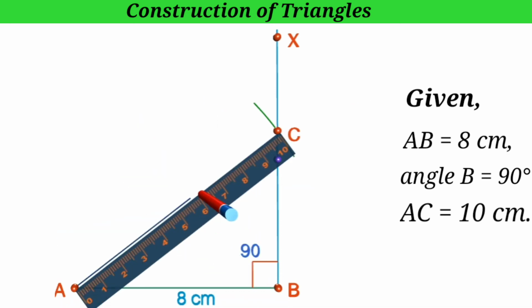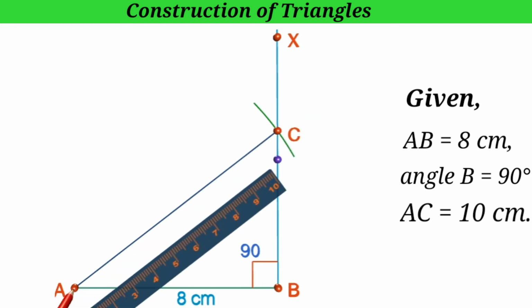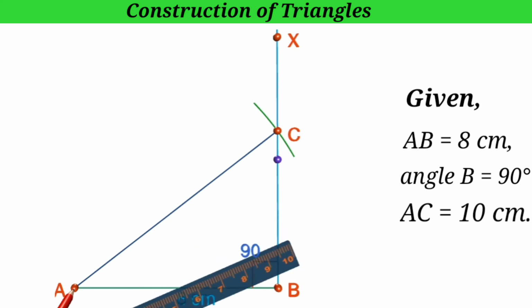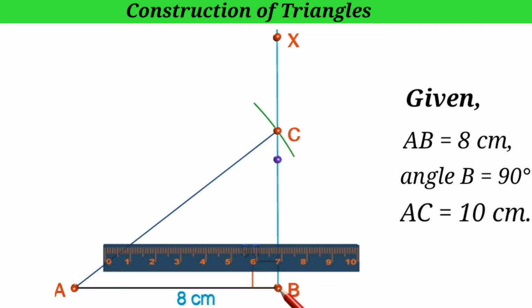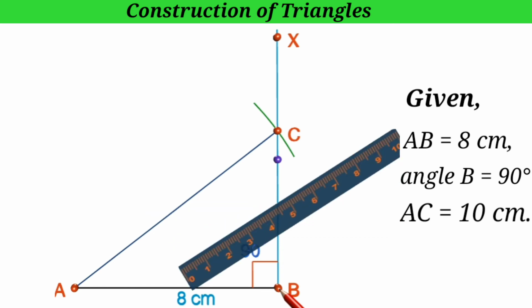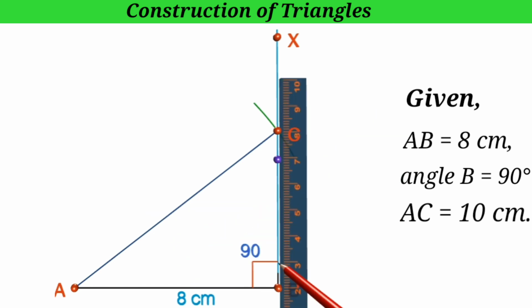So now join the points A, C with the help of the scale. So now we have the required right angle triangle ABC. So see here, this is AB, and this is the side BC of the right angle triangle.